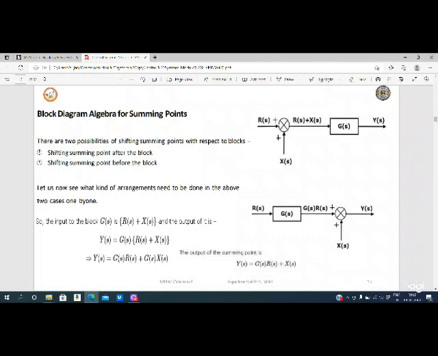The input of the block G of S is R of S plus X of S, because X of S and R of S have to be added in order to feed G of S. So Y of S is equal to G of S into R of S plus X of S. Finally, Y of S is G of S into R of S plus G of S into X of S. This is the output you get before shifting the summing point.